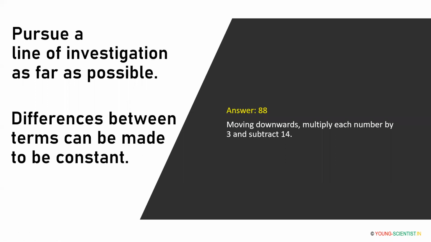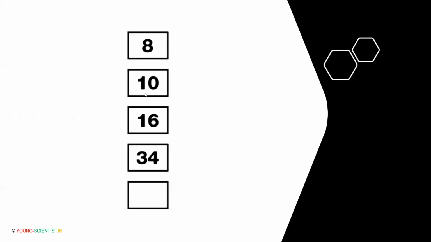One other way of expressing this pattern is to see each number as an exponent of 3, which gets added to 7. For example, the first term would be 3 raised to 0, which is 1, plus 7, which gives you 8.